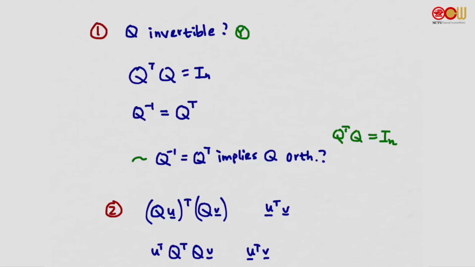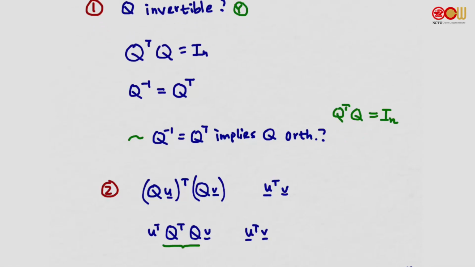Let's work out the dot product on the left-hand side. We get U transpose Q transpose QV. And what does this mean? Q transpose Q is the identity matrix because Q is orthogonal.